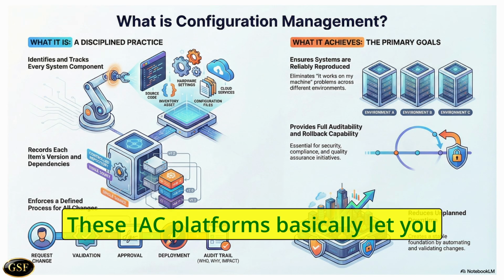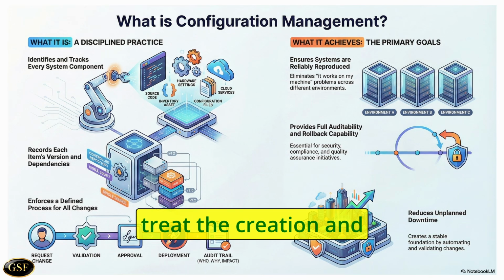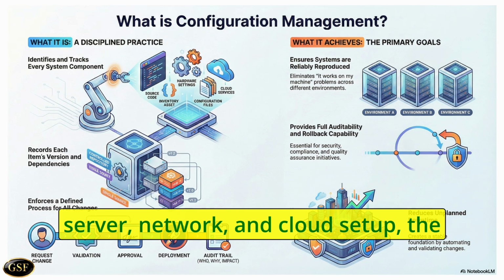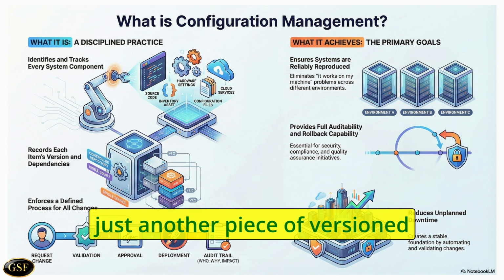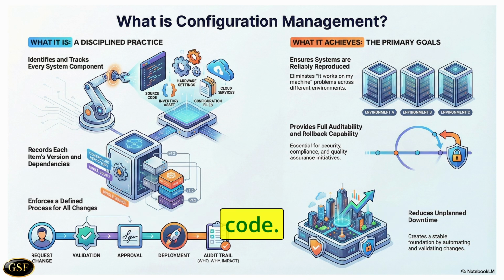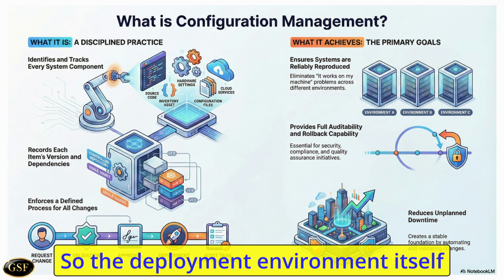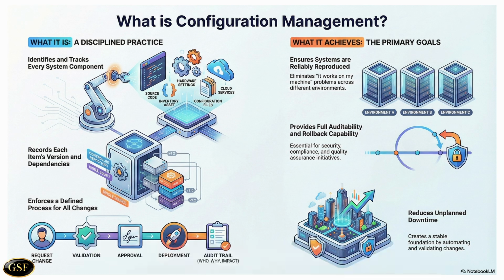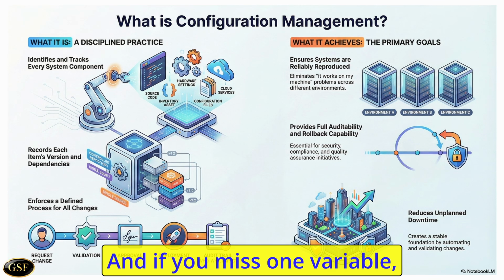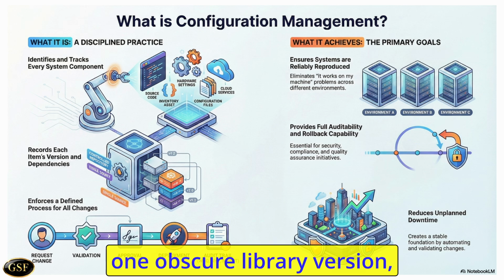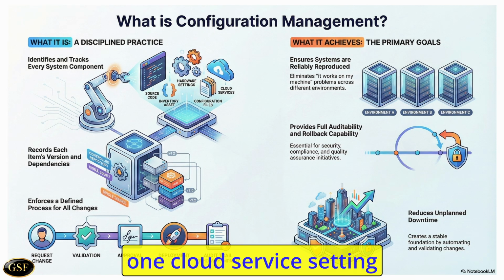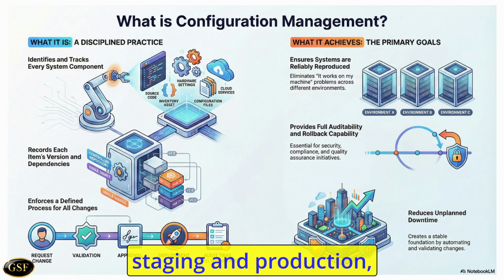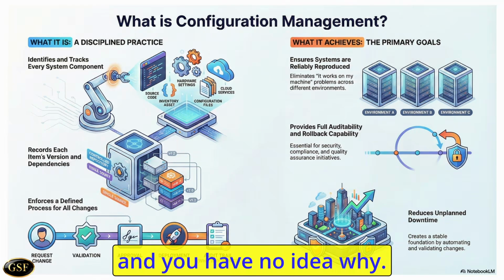These IaC platforms let you treat the creation and configuration of your entire server, network, and cloud setup, the physical attributes, as just another piece of versioned code. So the deployment environment itself becomes an auditable component inside the CM system. Precisely. And if you miss one variable, one obscure library version, one cloud service setting that's different between staging and production, the whole thing breaks and you have no idea why.